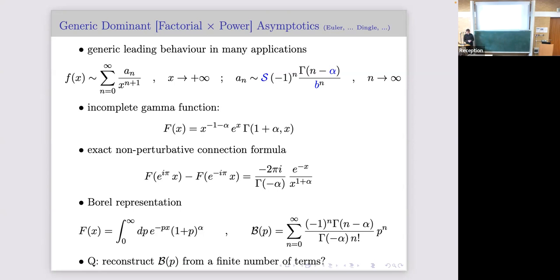So imagine a factorially divergent series, here some coefficients that have some factorial growth with some power and some overall constant S. And so these 3 things in blue are the most interesting things physically. This tells you the leading exponential in non-perturbative effects.